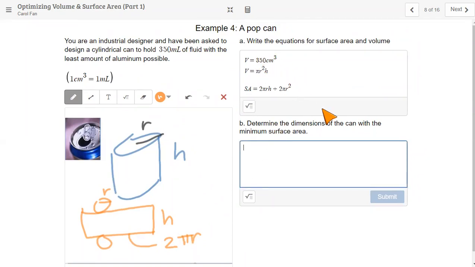Okay, let's rewrite our volume equation. We know that volume is 350, but it's also equal to pi r squared times h. Let me express this as an equation of h with the variable r. So we have 350 divided by pi r squared.